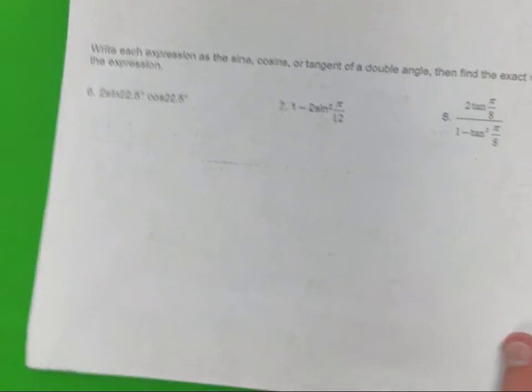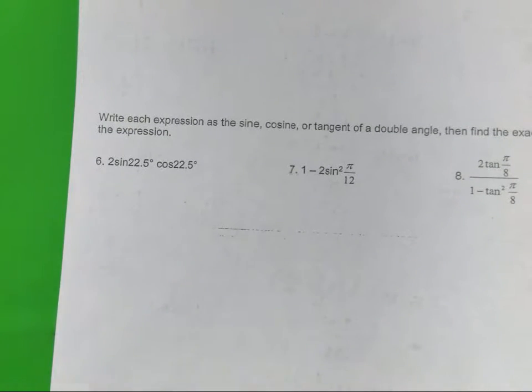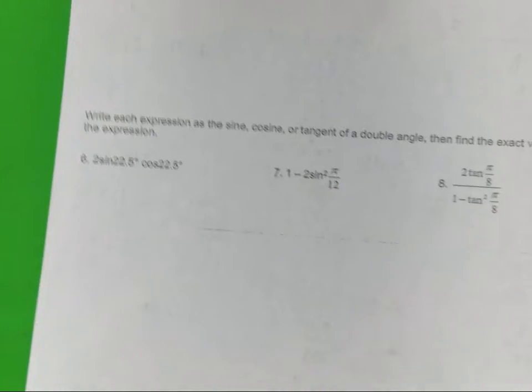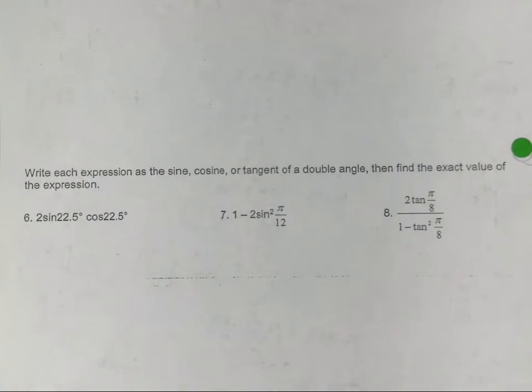I want you to turn to page 18. Let's look at number 6 and 8. These go along with what we just did, but you're working backwards on these. It says use the double angle to find the exact value. All right. You got to match it up with one of these.